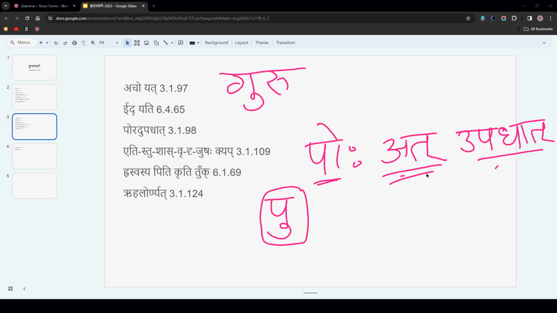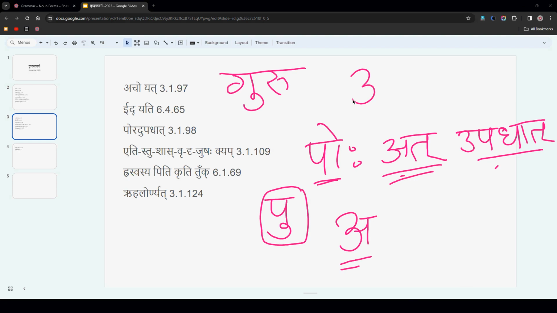At means what now? At means hrasva a, short a. Not ach. No, this is not ach. This is at, short a, hrasva a, not dirgha a. Dirgha is a long.